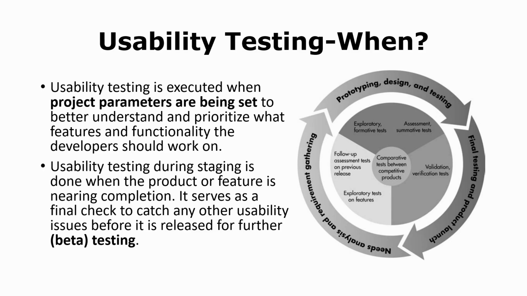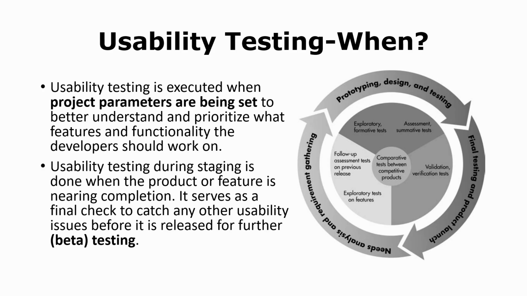So the next question is, when should you actually do the usability test? Which phase of your entire product development or the product journey or the service journey should you actually implement usability tests? So usability test is executed when the project parameters are being set.